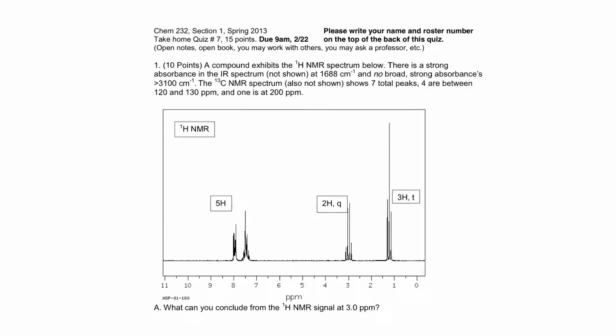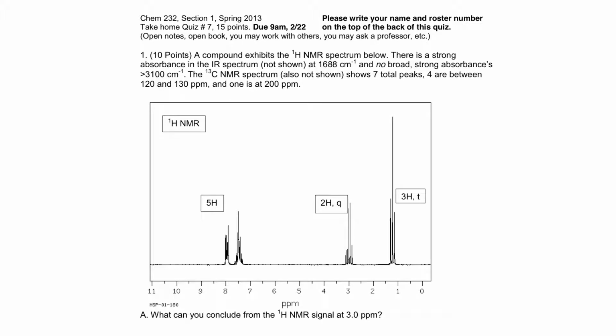On to quiz 7. We're given a proton NMR spectrum. We are told that there's a strong absorbance in the IR spectrum at 1688. That's a pretty good indication that we might have a CO double bond. There's nothing above 3100, which tells me there's no alcohol. What else can we look at here?